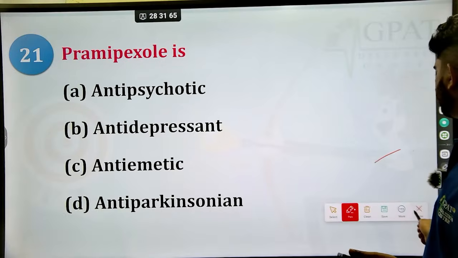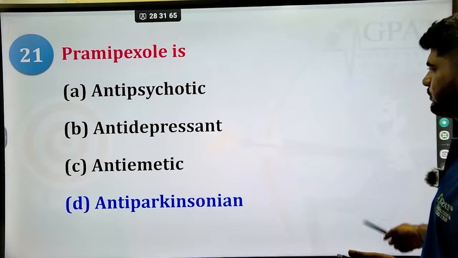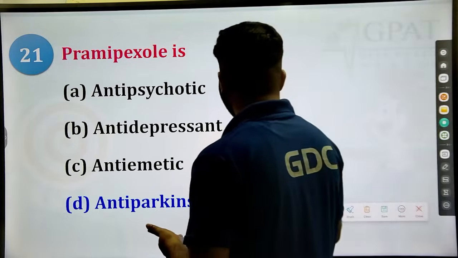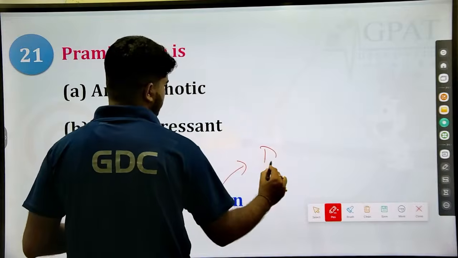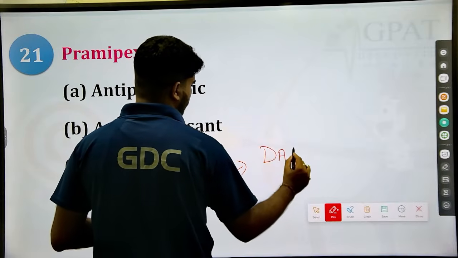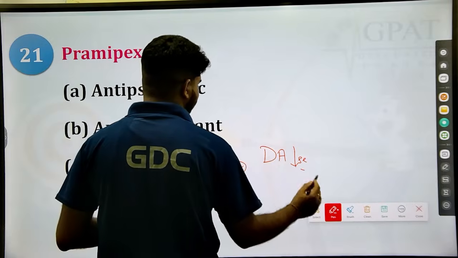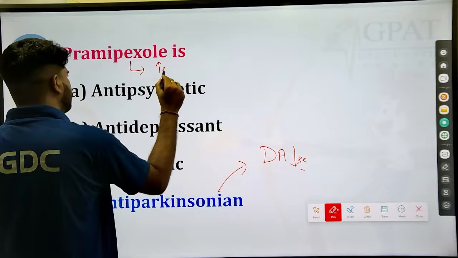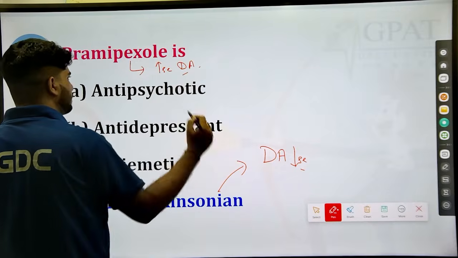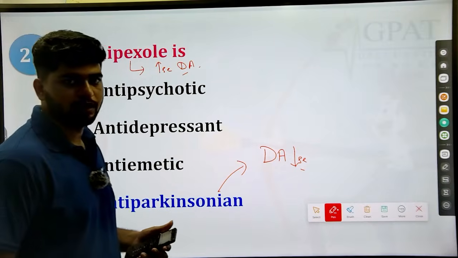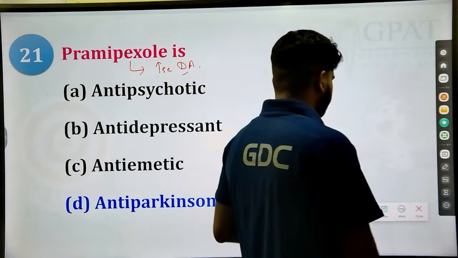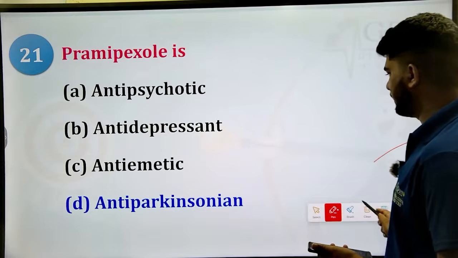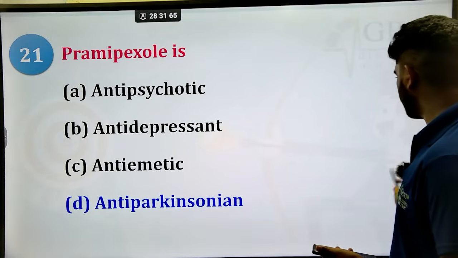That is your anti-Parkinsonism, because in Parkinsonism the dopamine level gets decreased, but pramipexole is the one which increases the dopamine level by directly acting on the dopamine receptor, right? So obviously that is anti-Parkinsonism, the correct answer over here.